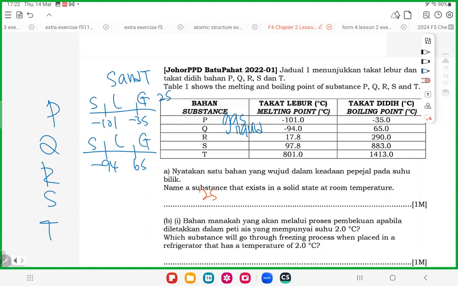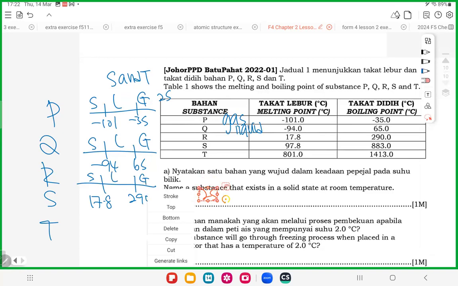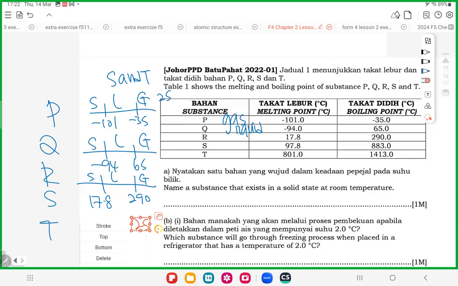Substance R, same thing, 3 lines method. You have 17.8 and 290, solid, liquid, and gas. Now 25, where is 25? 25 is more than 17.8, less than 290. So it's in the middle. Middle means liquid. Now look at substance S and substance T.